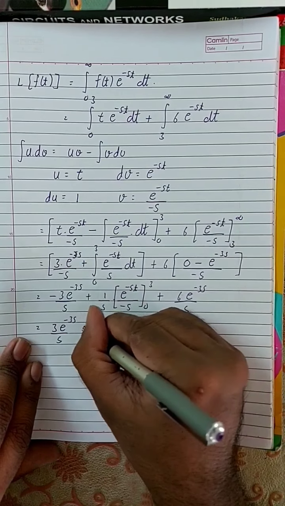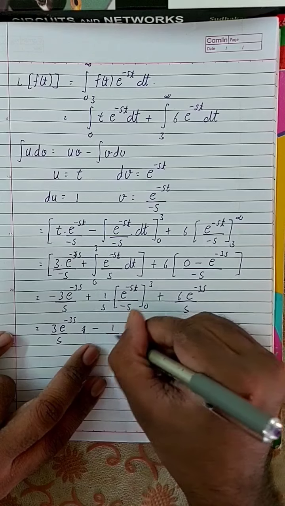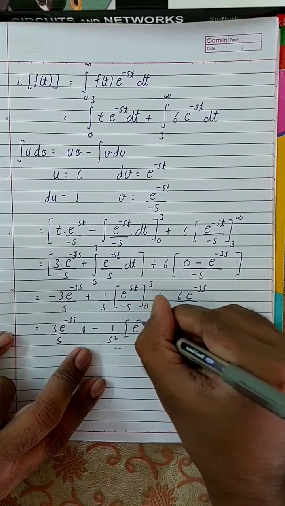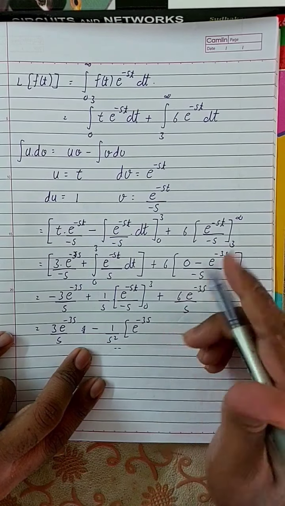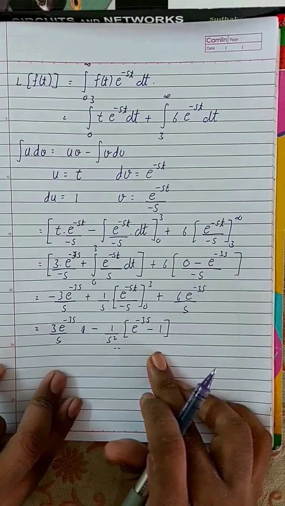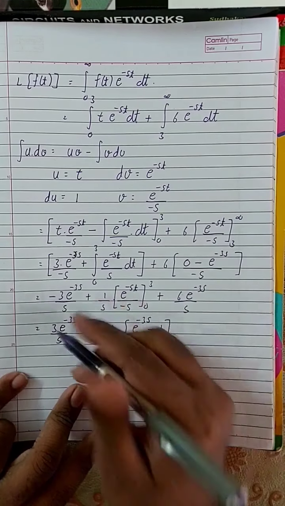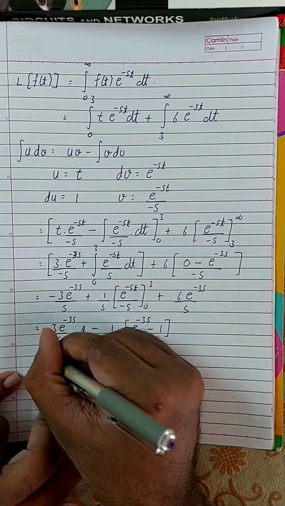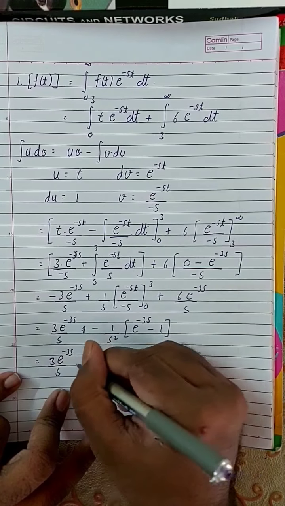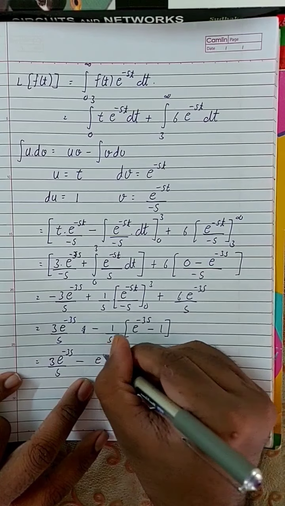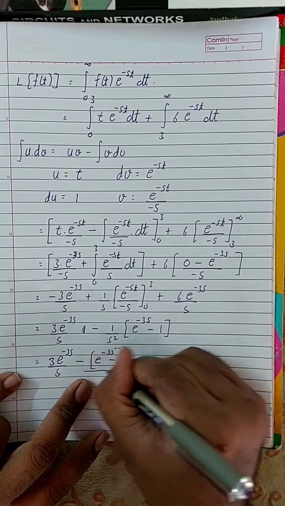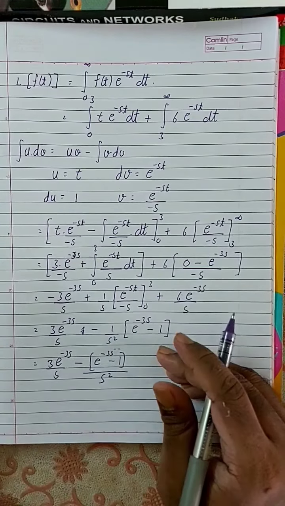This is nothing but minus 1 by s square into e raised to minus 3s minus 1, because at 0 it becomes 1. So this is your answer: 3 e raised to minus 3s by s minus e raised to minus 3s minus 1 by s square.